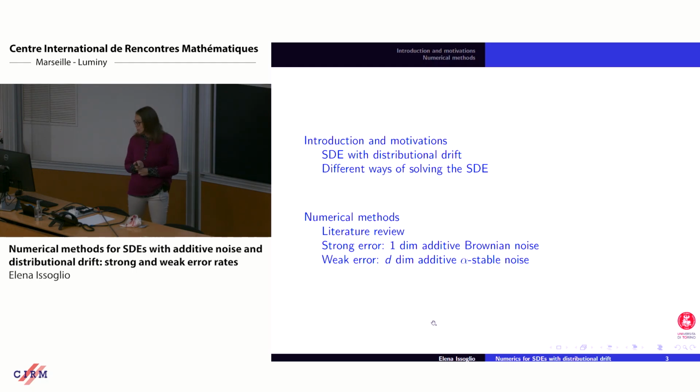This is in a one-dimensional setting only, and we have additive Brownian noise. The second main result is about weak error. This can be done in d dimensions, and the noise is an alpha-stable additive noise. If you have questions or you want me to repeat something, please interrupt me.